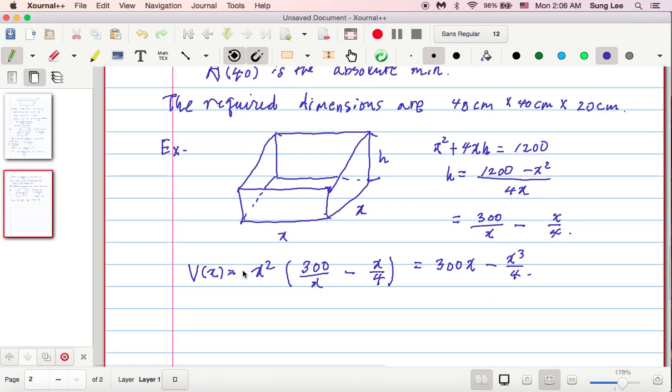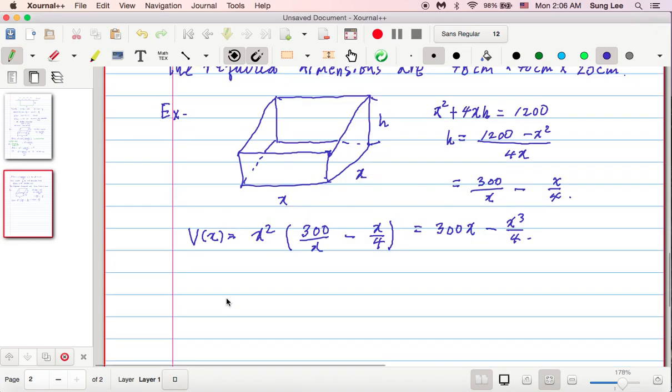Okay, so to maximize this volume, we find the derivative, so V prime of x, right?